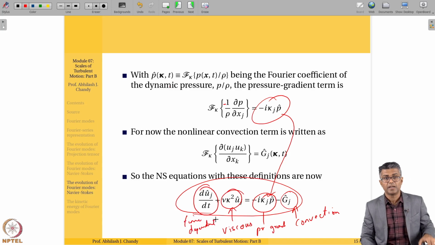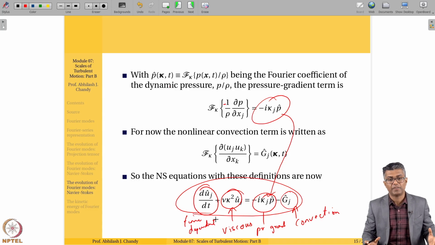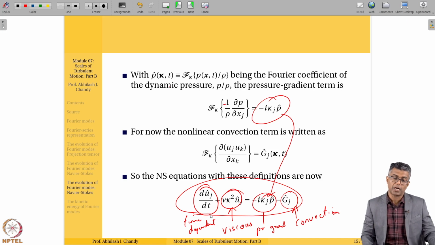As you can see, it is an ODE because you don't have any derivatives except the one that you see on the leftmost side, which is also a total derivative. So your partial differential equation has been converted to a set of ODEs.